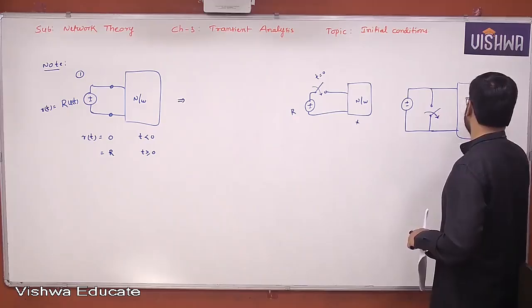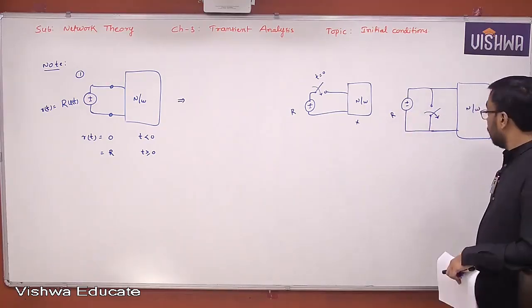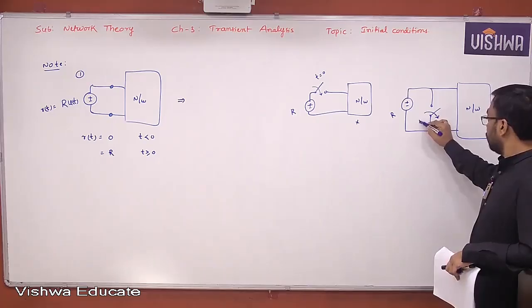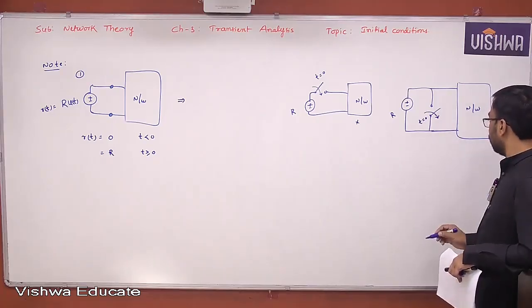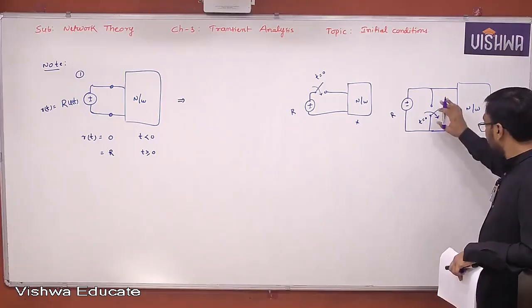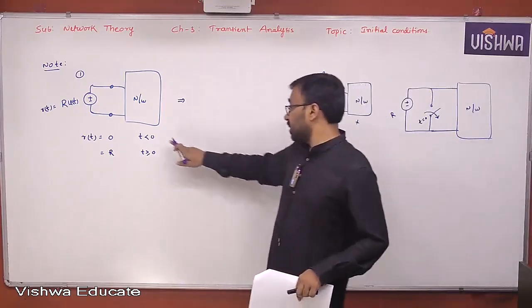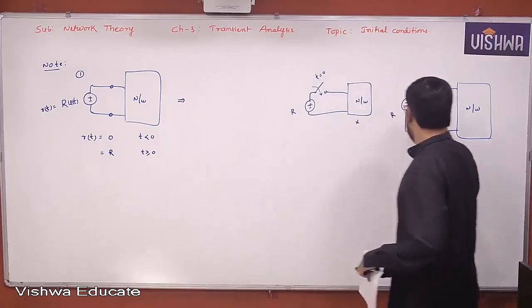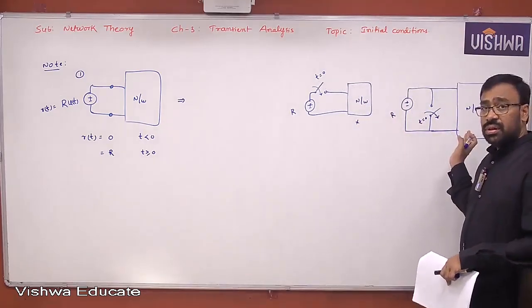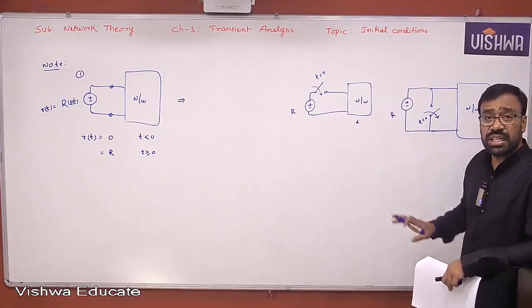This is a network. This is capital R. Now look at this, all of you. For t less than 0, the switch position is what? Short circuit. Yes, it is a short circuit. Short circuit is given to the network. Therefore, the first condition is satisfied. For t greater than or equal to 0, capital R is given to the network. Therefore, the second condition is also satisfied.